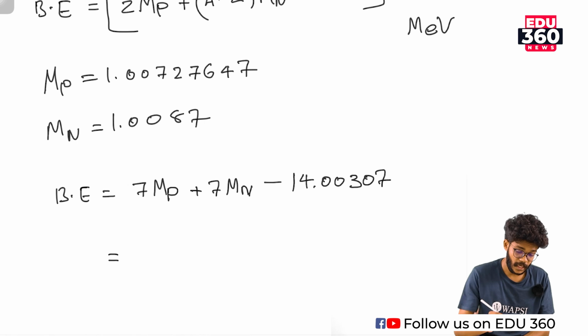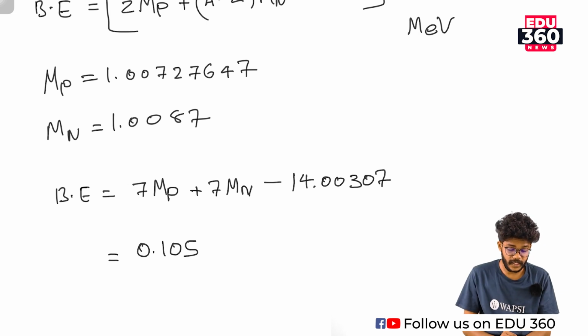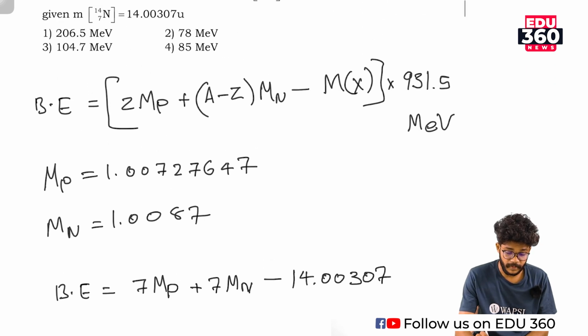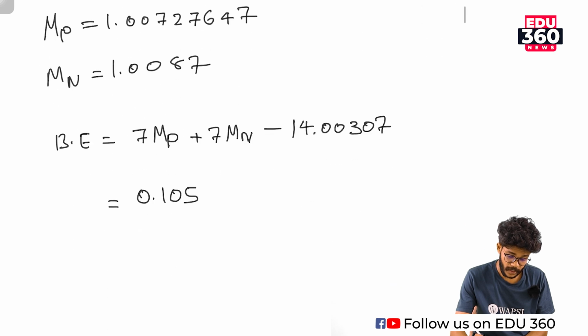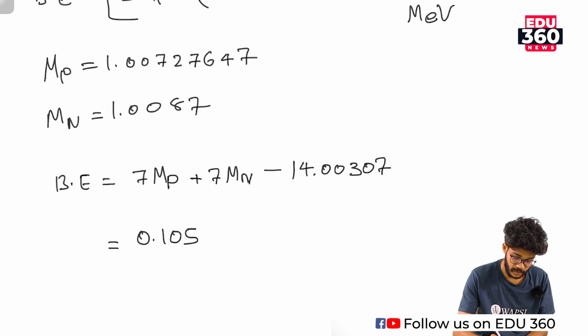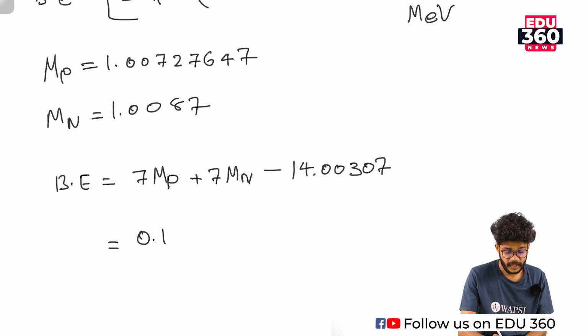This is approximately 0.105, approximately 0.1. So just multiply this 0.10, not 1, 0.16.